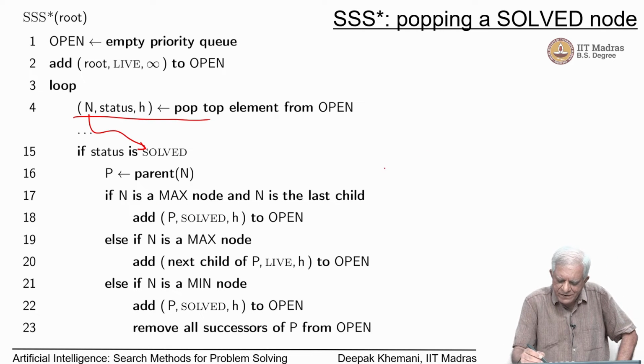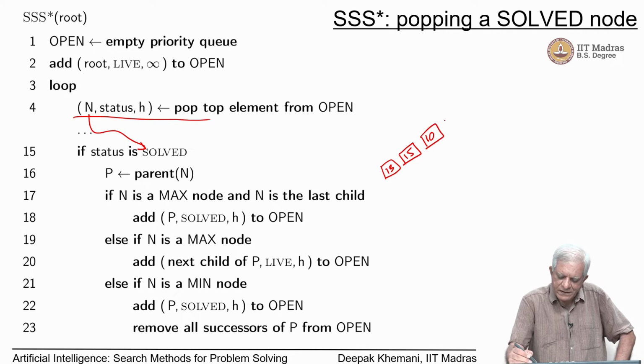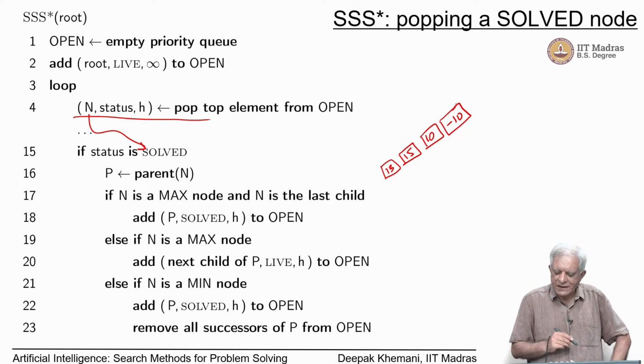Let us say you evaluated this as 13, then its sibling you evaluated as 15, then its sibling you evaluated as, let us say, 10, and let me introduce a negative number here as well, just to remind you of the fact that there could be negative numbers.